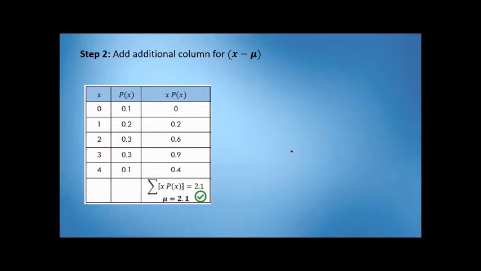Step number 2 is to add an additional column for x minus mu, because we need that in the formula for variance and standard deviation.